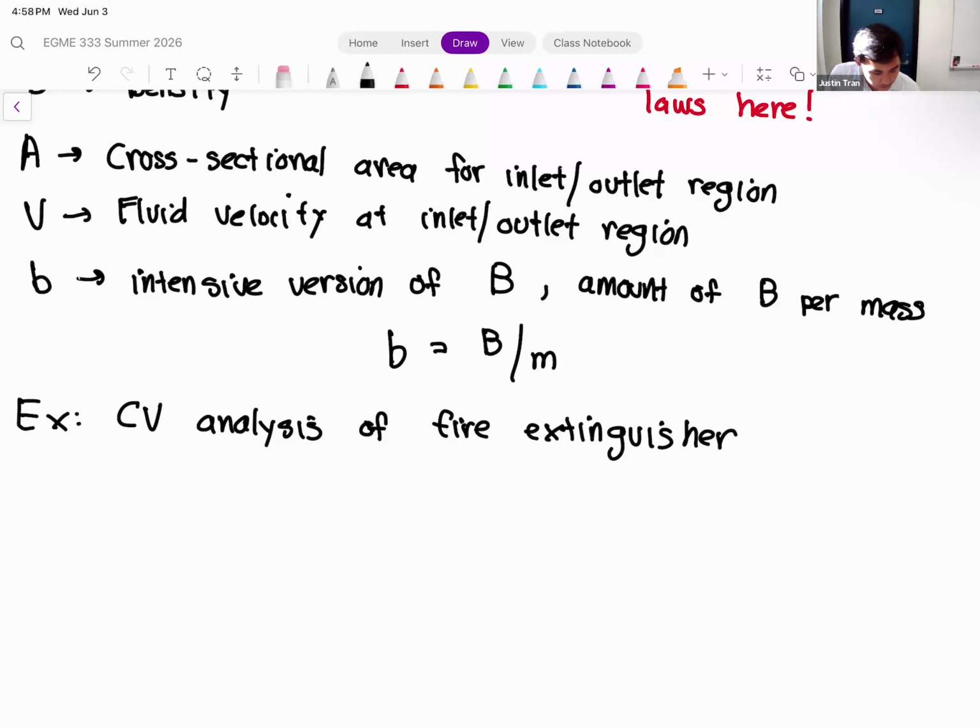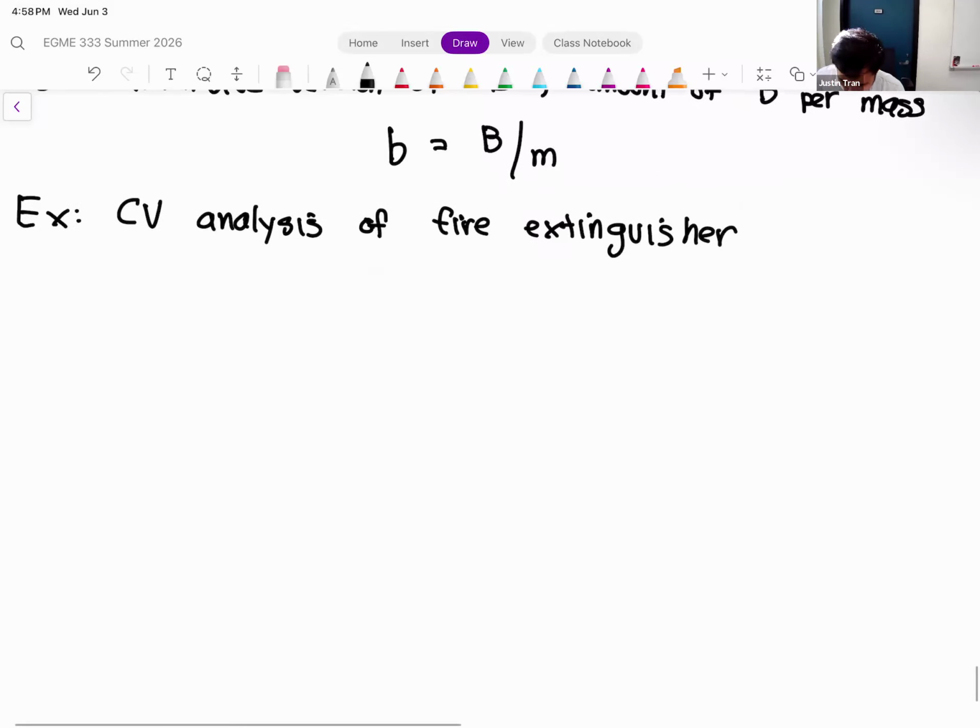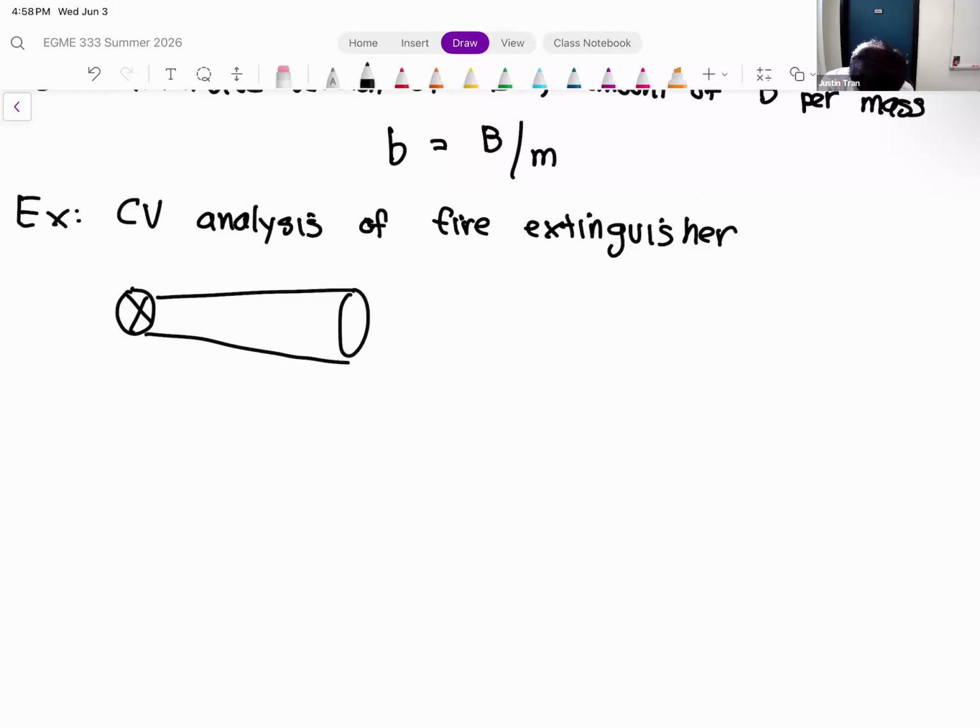If we draw our fire extinguisher, let's say we have our nozzle up here, and our fire extinguisher just like that.